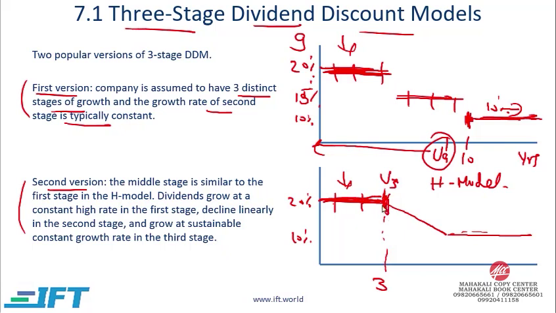We need to actually plug in D3, because remember with the H model, we used D0 and then had a 1 plus G. And here, if we are computing the value at time 3, then you use the H model formula, but instead of D0, you use D3 because you are coming up with the value at time 3.